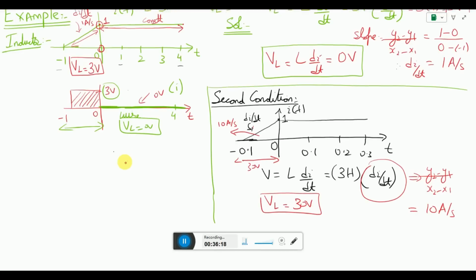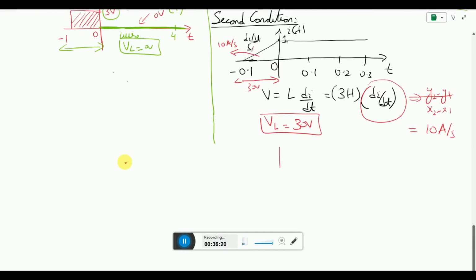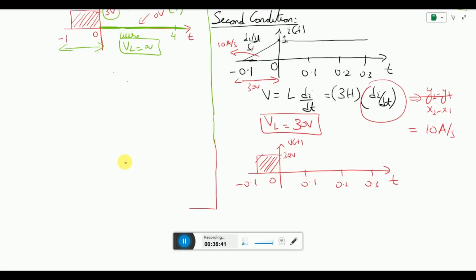If I draw the voltage graph, this is V of t from minus 0.1, this is 0.1, this is 0.2, this is 0.3. So the point comes out to be 30 volts, and you can see the voltage has been drastically increased just by only changing the current value.